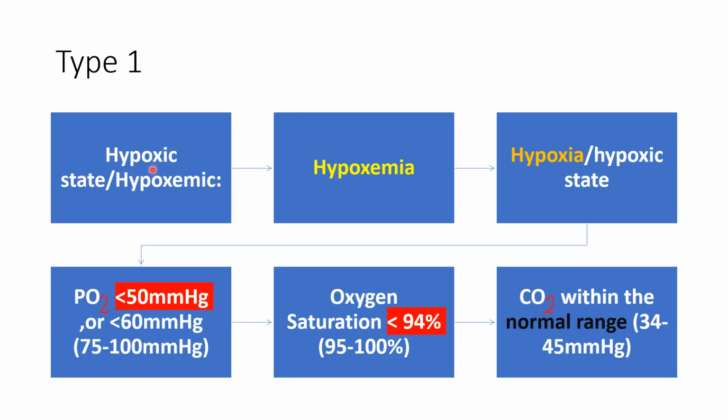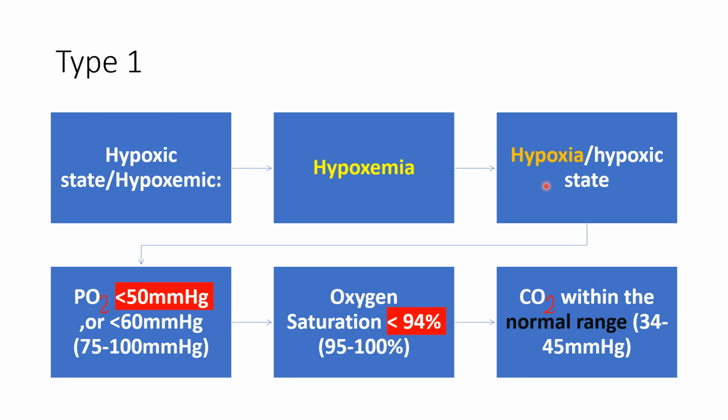Now, let me define type 1 respiratory failure fully. If you go to some literature or textbooks, it could be written as hypoxic state or hypoxemia. Hypoxemia and hypoxia could be used interchangeably, but they are not the same.